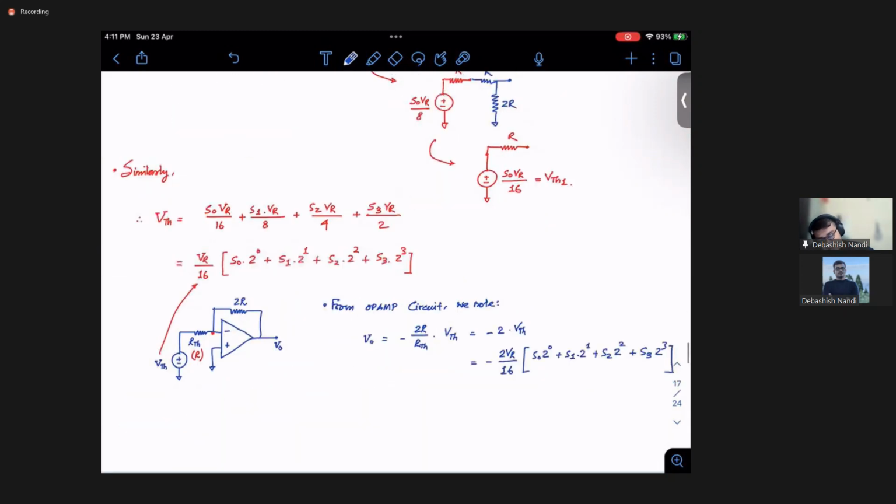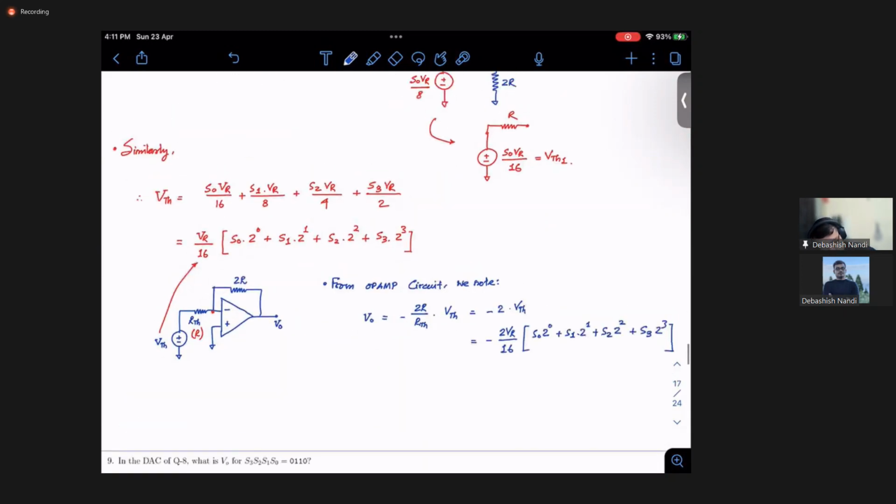1001. Okay. So your S3 is 1, S2 is 0, S1 is 0, S0 is 1. So what would be my V0? V0 will be nothing but minus 2 into VR by 16. This is 1 and this is 1. This will be 0. So you have 2 to the power 3 plus 1. So you will have this 9 into 2.